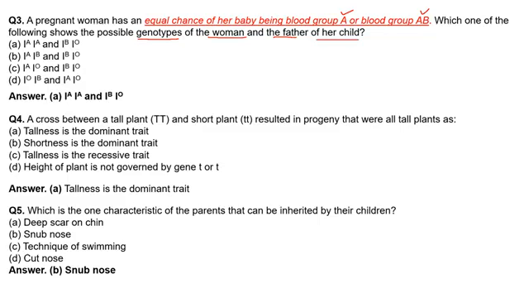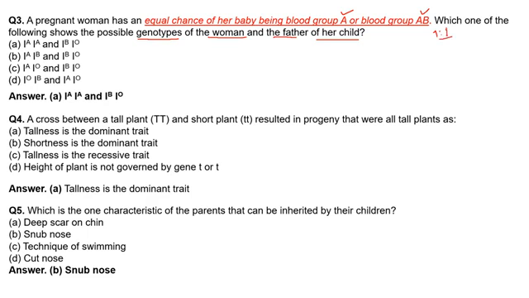You have to find out the genotype of a mother and a father, on the basis of which the baby can have an equal chance of having blood group A and blood group AB. Equal chance means the ratio can be 1:1.